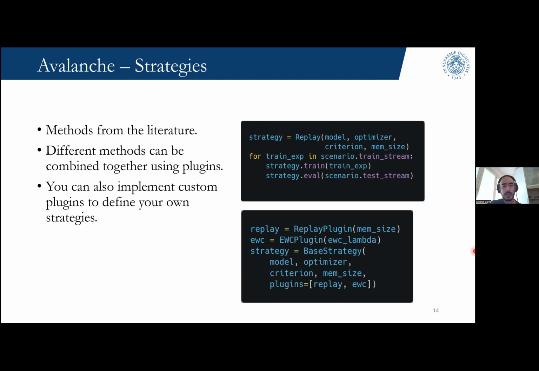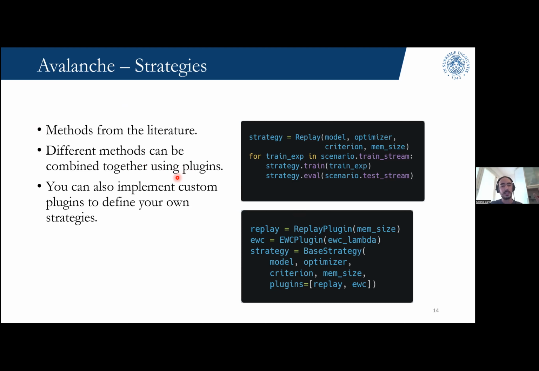Then the next component are the strategies. There are lots of methods from the literature. I think at this point we have around 20 strategies, but there are lots of possible combinations that you can do with them, so the number of combinations is very, very high, because these strategies are implemented as a thing that we call plugin.